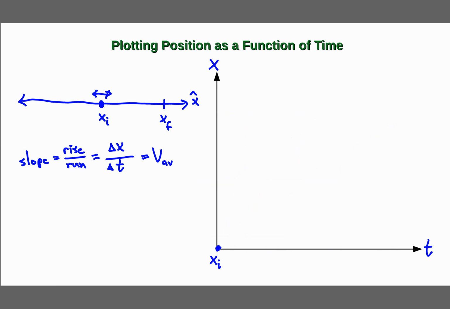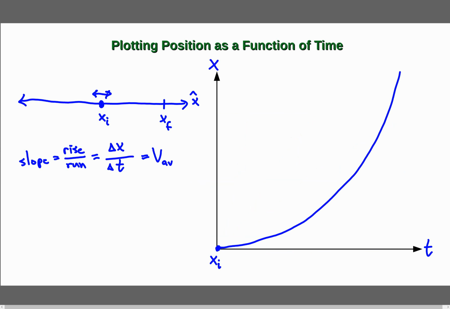So now let's look at a curve that we could plot on this. What if our position as a function of time looked like this? That's still a perfectly valid way for this to look, but you can see that the slope on this is always changing. So we have a velocity that's not constant.